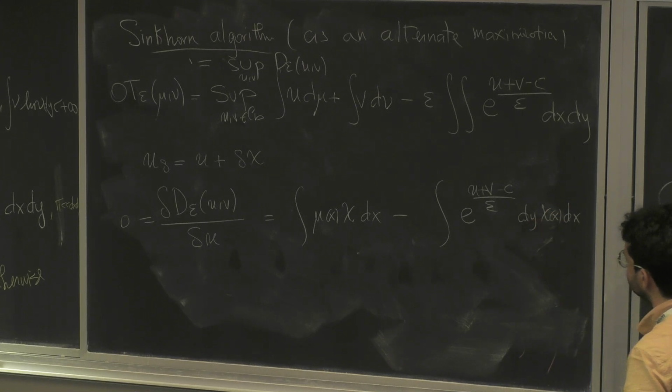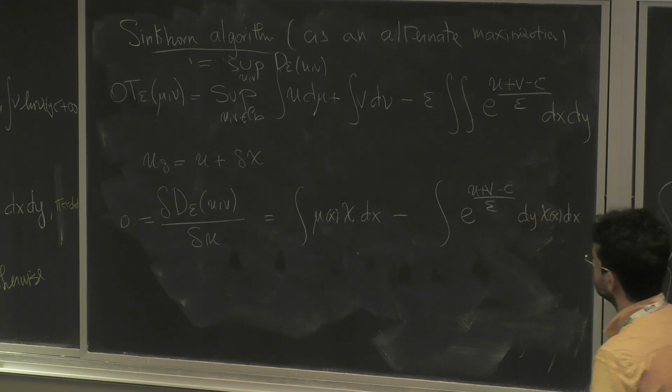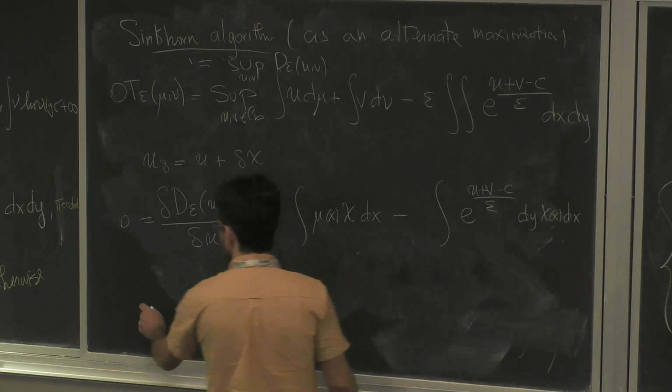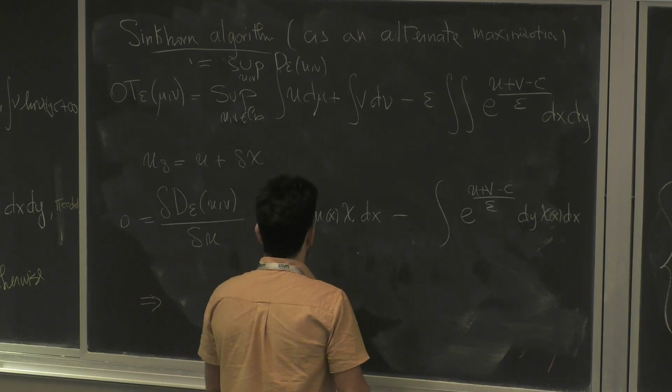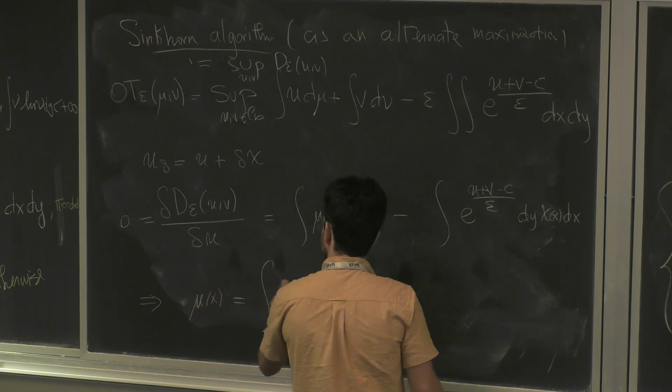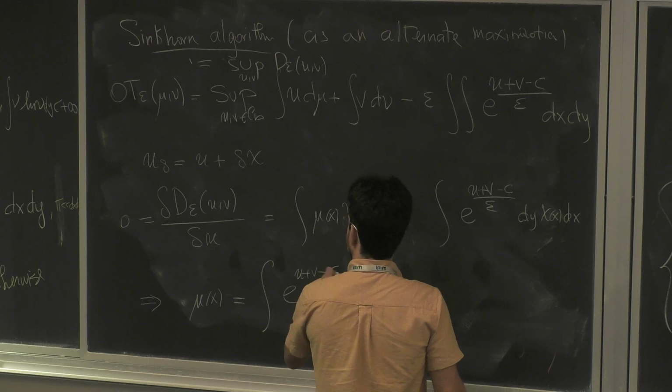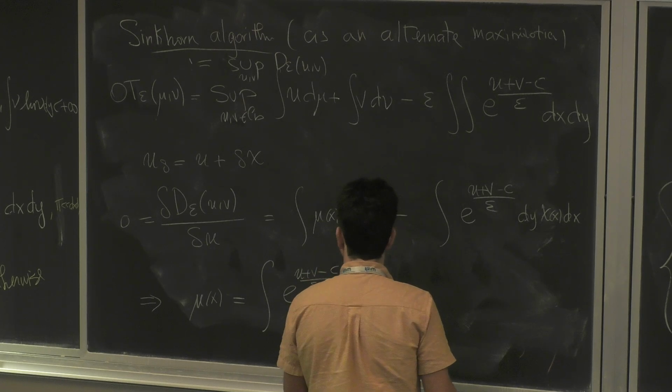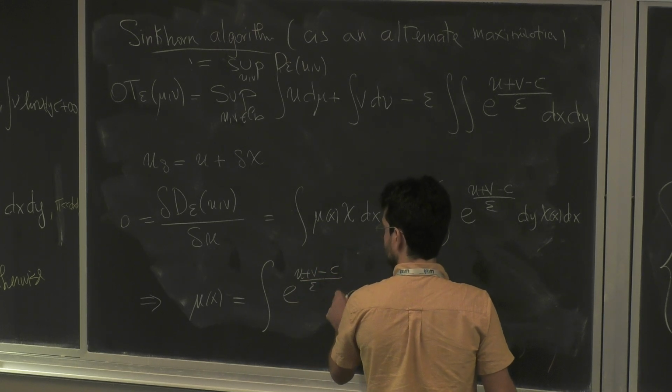That's what I want to do. So basically, since those things are equal to 0, this implies that mu of x is going to be the integral of e to the (u plus v minus c) divided by epsilon dy.